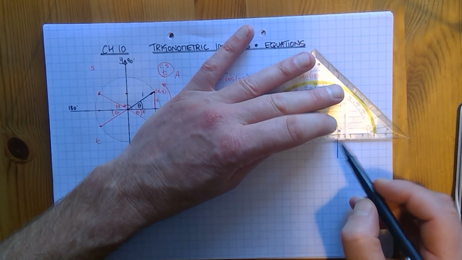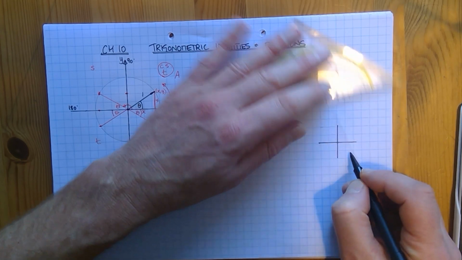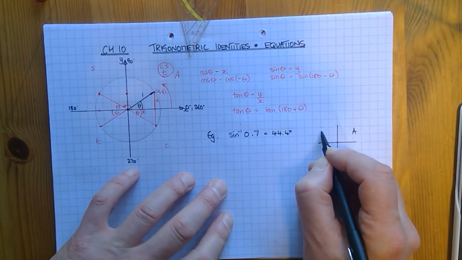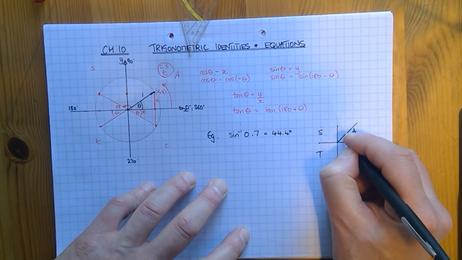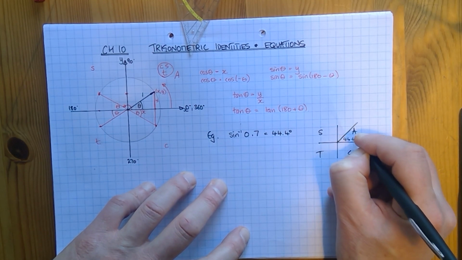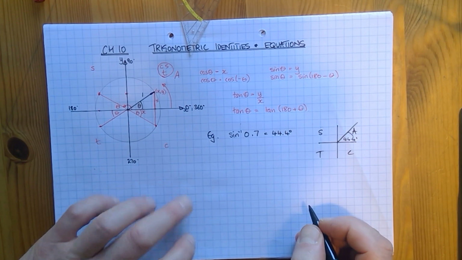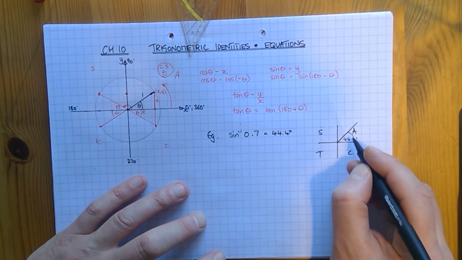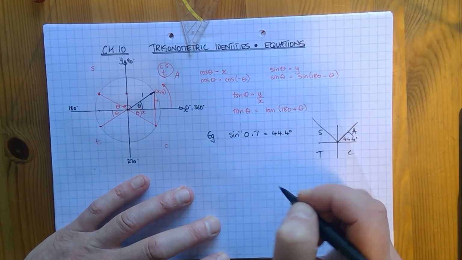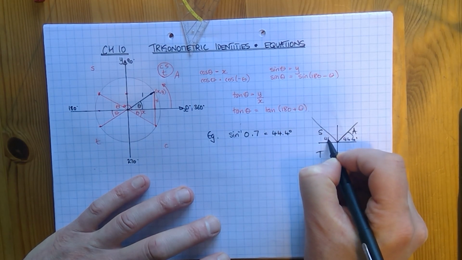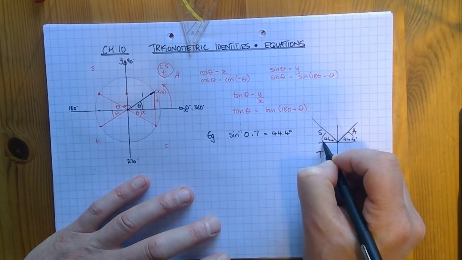Examiners like these, just tiny little sketches. C, A, S, T, 44 degrees approximately there. So that's 44.4 degrees. And because it's sine, and sine's positive here, sine's also positive here. So I'm going to draw another line there where that's 44.4.